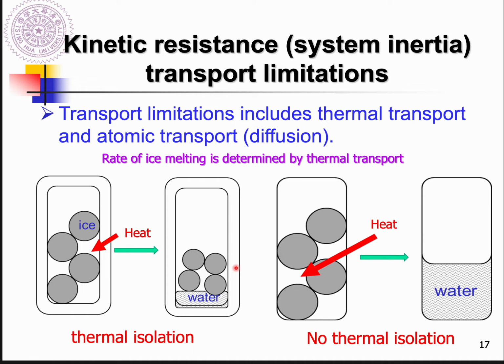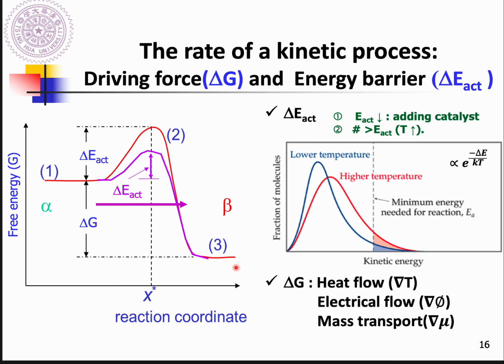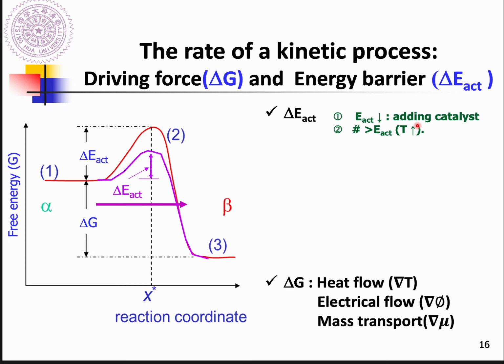In a serial process, usually the slowest step dominates the rate of the kinetics process, right? And as you learned before, we have another kind of process, which we call a parallel process. The parallel process is, for example, when you add a catalyst to a chemical reaction.